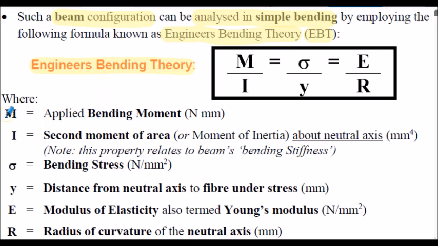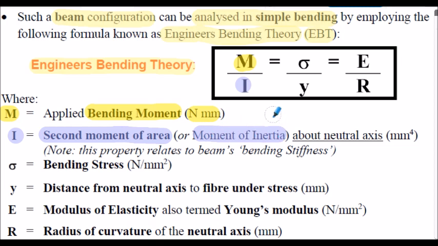Capital M is the applied bending moment. Unit can be Newton meters, but we'll predominantly use Newton millimeters in this presentation. Symbol I is termed the second moment of area. In some older textbooks, it is sometimes referred to as the moment of inertia, but that's slightly misnamed.